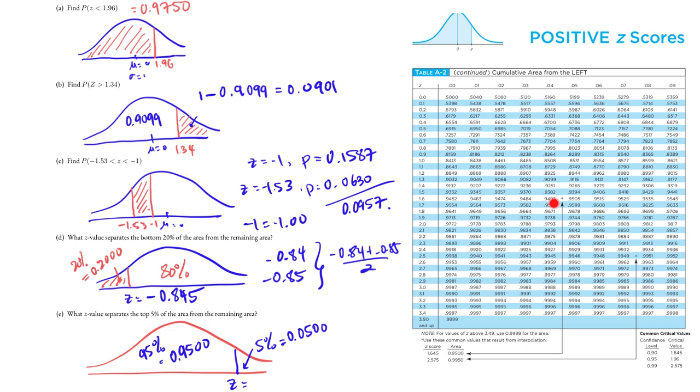0.9505 is there, and 0.9495, so a little bit more than 95 and a little bit less than 95. Similar to the previous one, we would use the z-score in the middle. With the area of 0.9495, the corresponding z-score is 1.64. With an area of 0.9505, the corresponding z-score is 1.65.